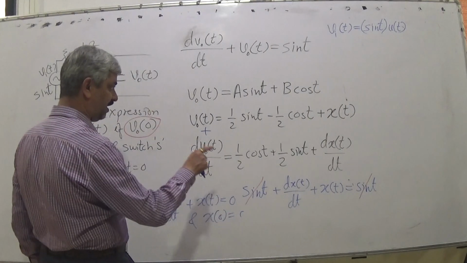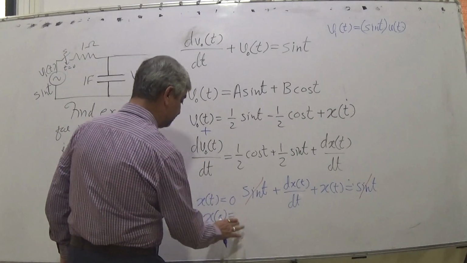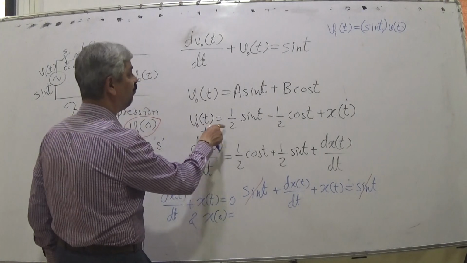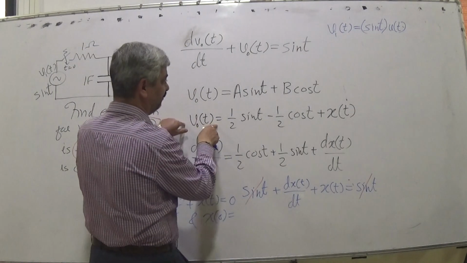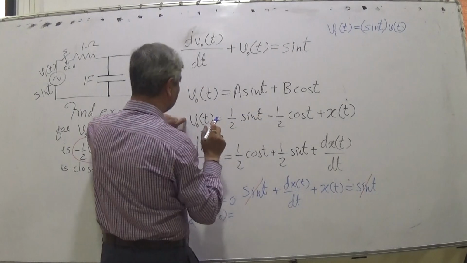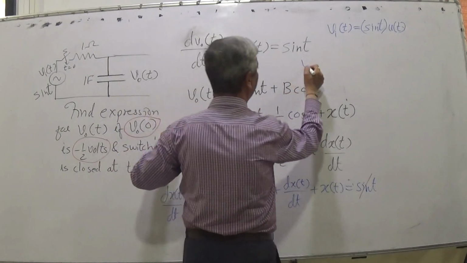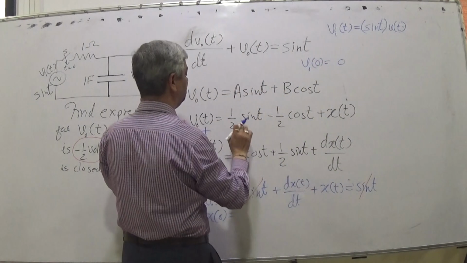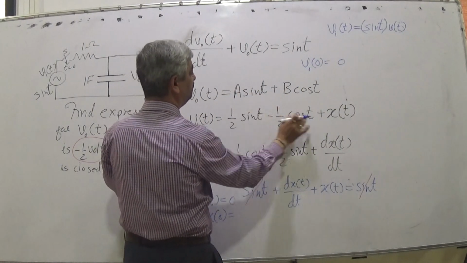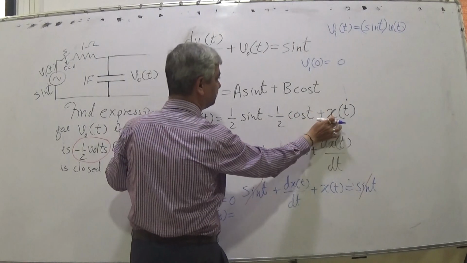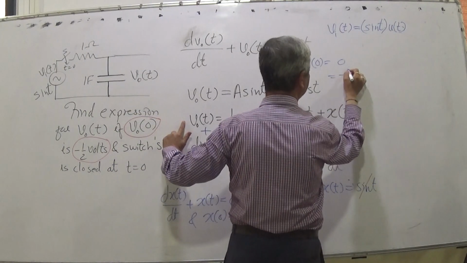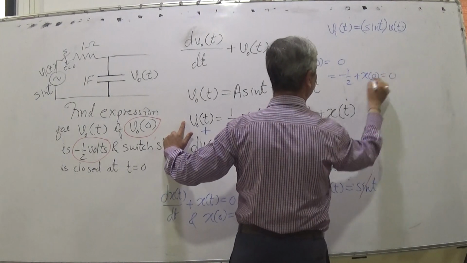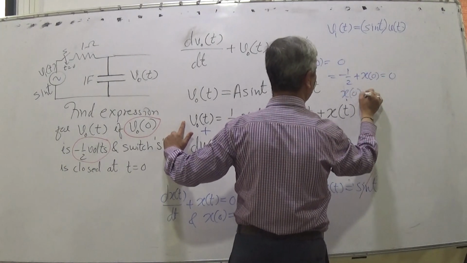And what x(0) was required? VO(0) was 0 last time. So at t equal to 0, this is minus half plus x(0), and it was required to be 0, so x(0) was half.